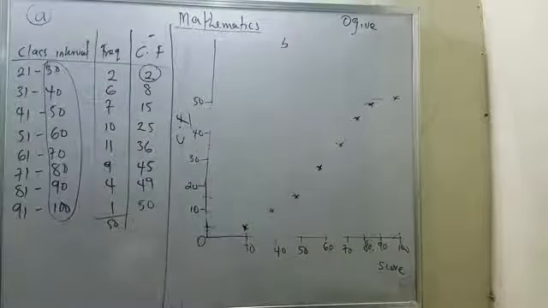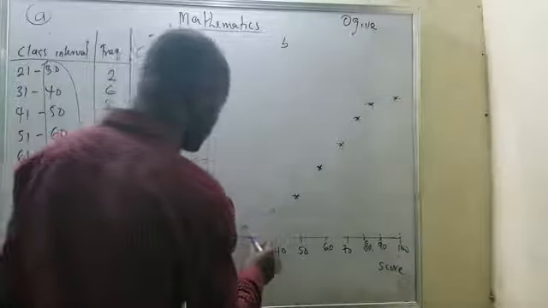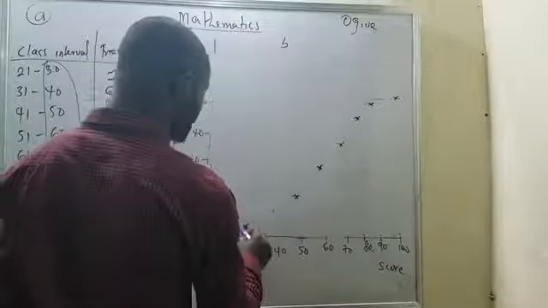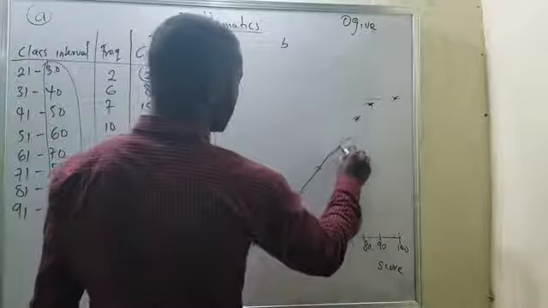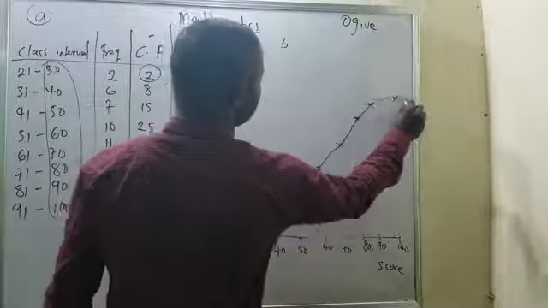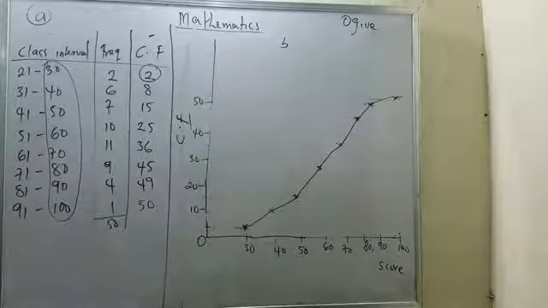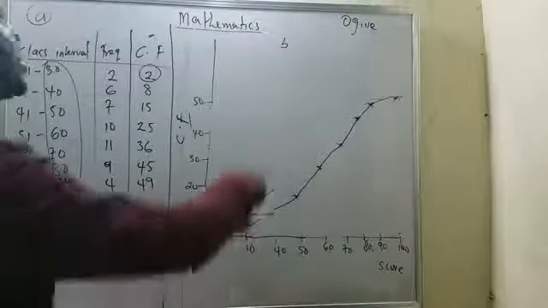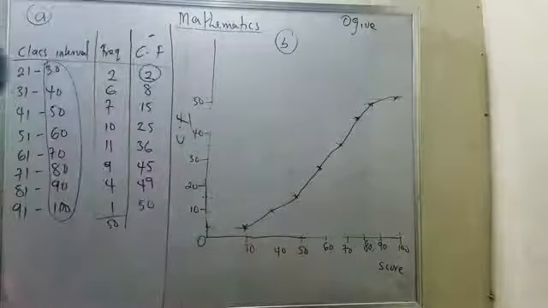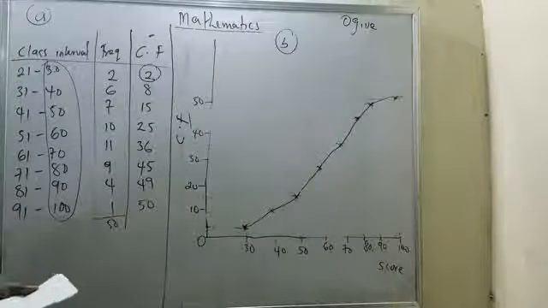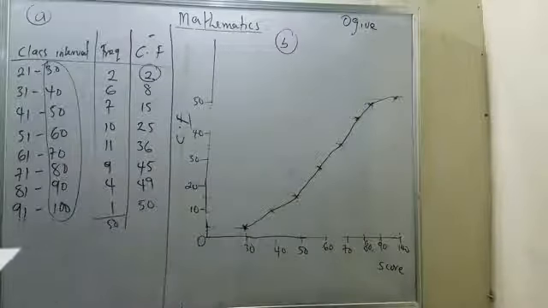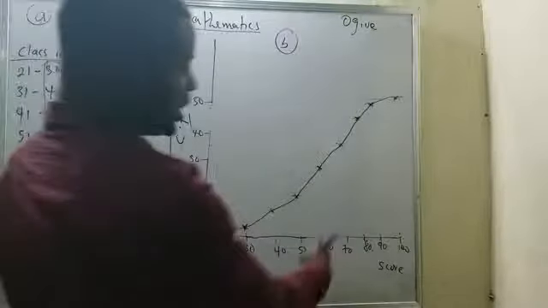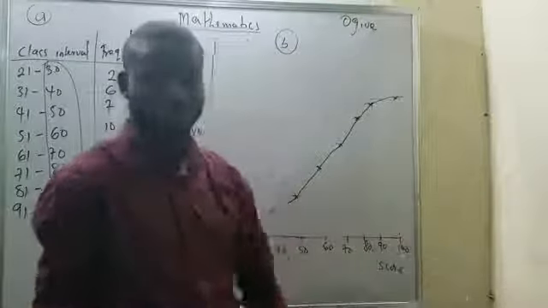Now, with this, I have my cumulative frequency. This should be my curve. With this, you are done with question B: draw the cumulative frequency curve for the distribution. It means you have drawn it successfully without any problem.